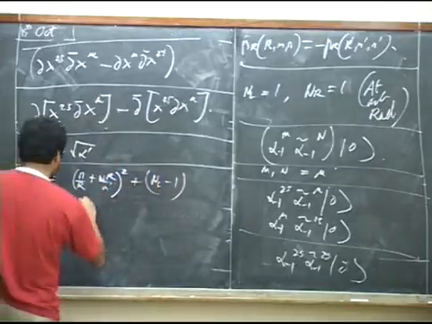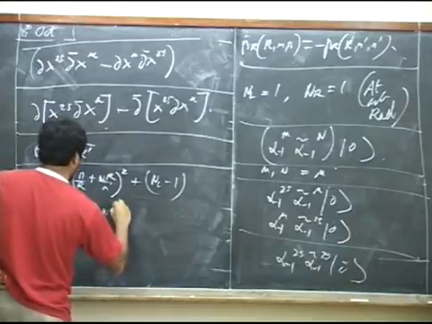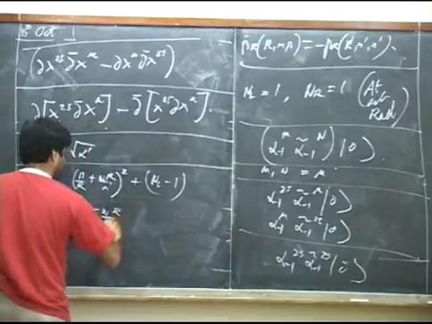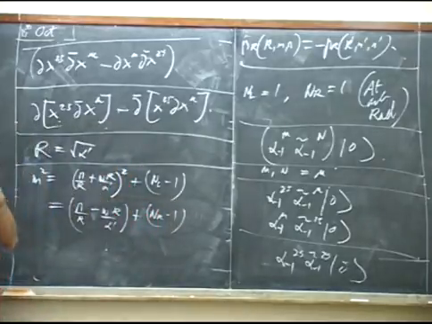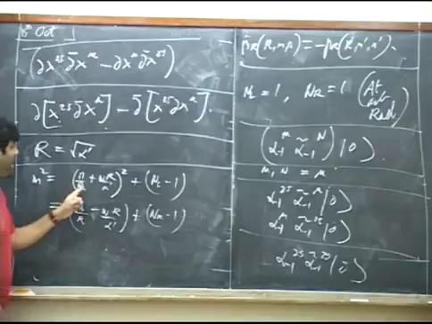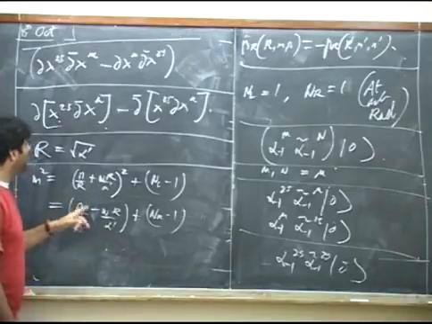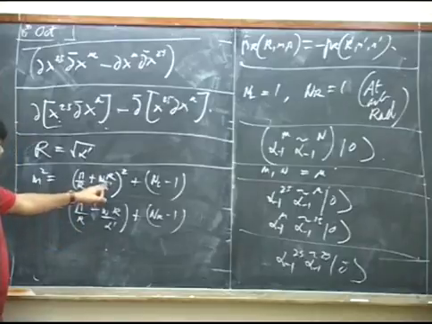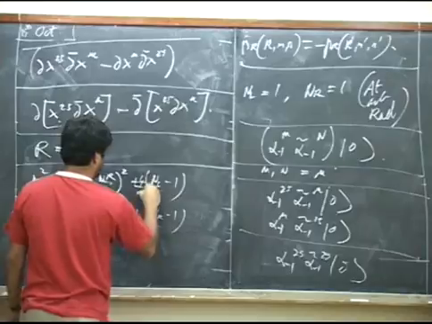It was also equal to (n/R minus wR/alpha prime), the whole thing squared, plus N_R minus 1. This was true in general. Now if we set R equals square root alpha prime, what happens?